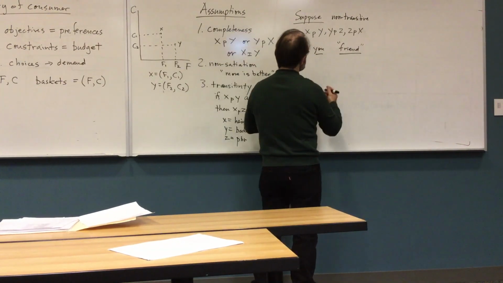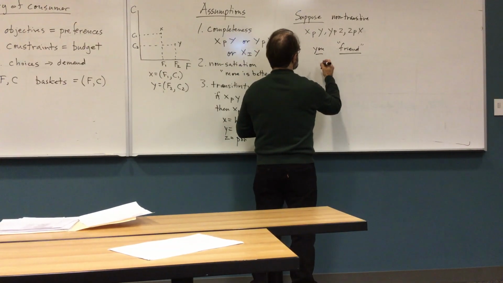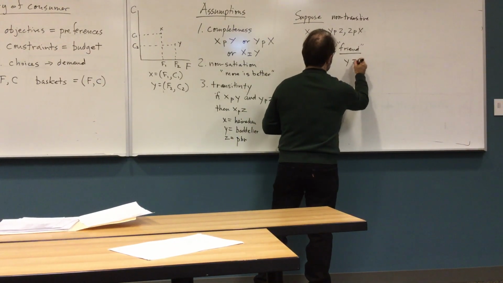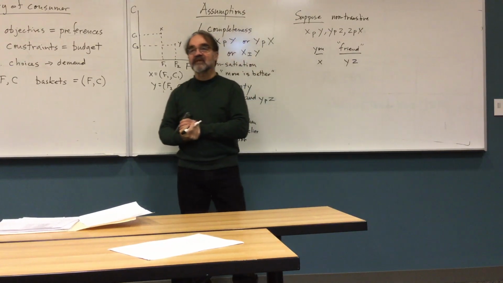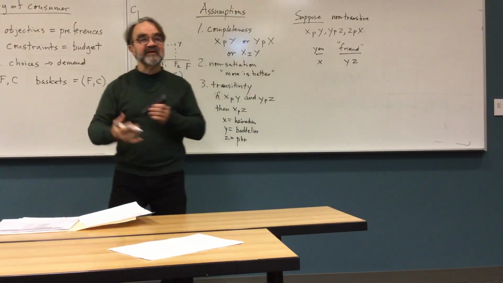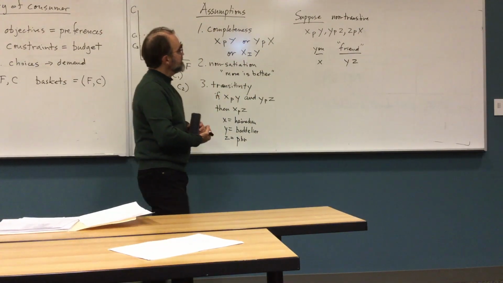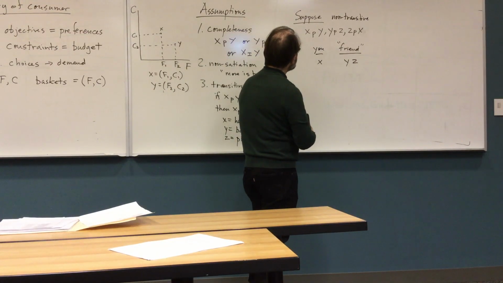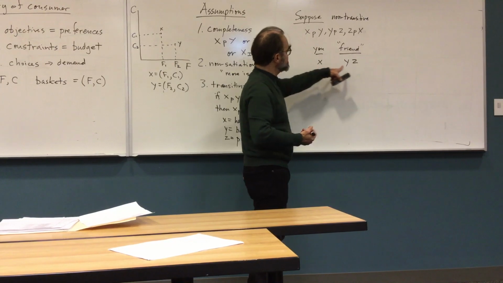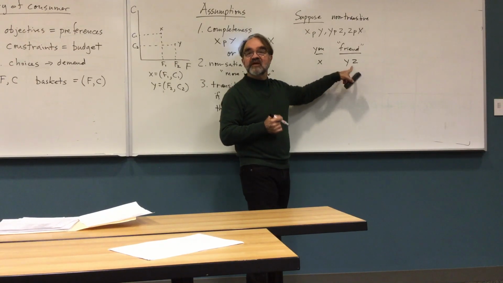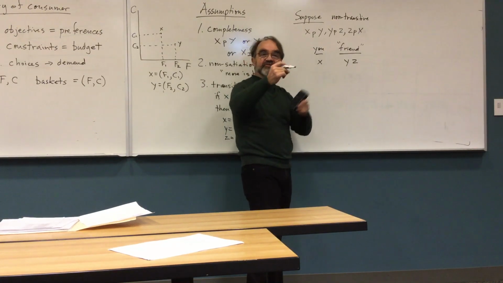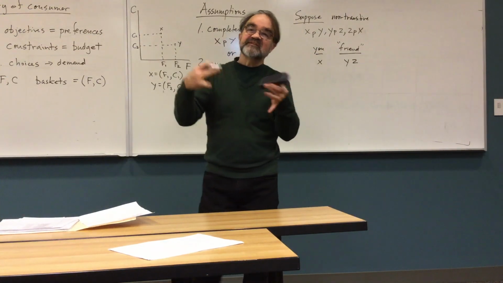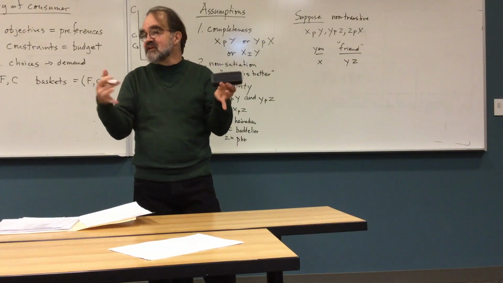Initially, let's say you start with X beer and your friend starts with a Y and a Z. You say, okay, old buddy, we know that you prefer an X to a Y. So let's trade my X for your Y, and because you prefer the X to the Y, you give me a little money, just to make it even.